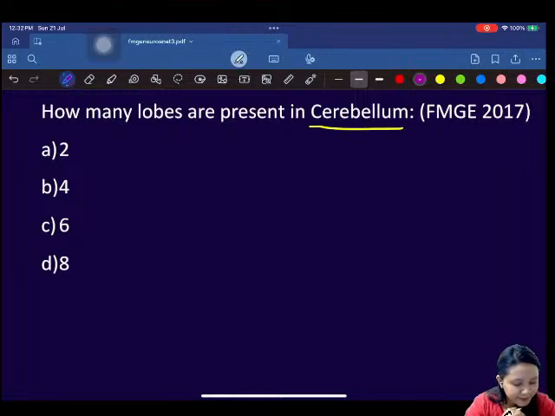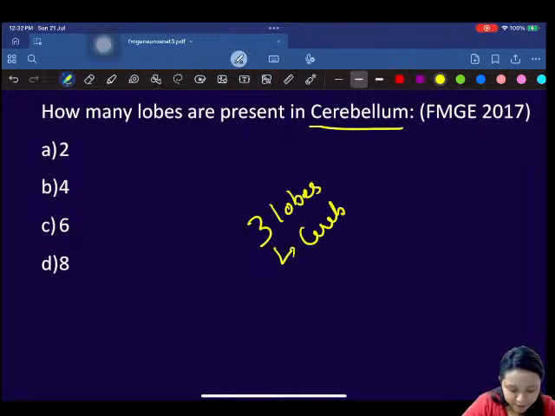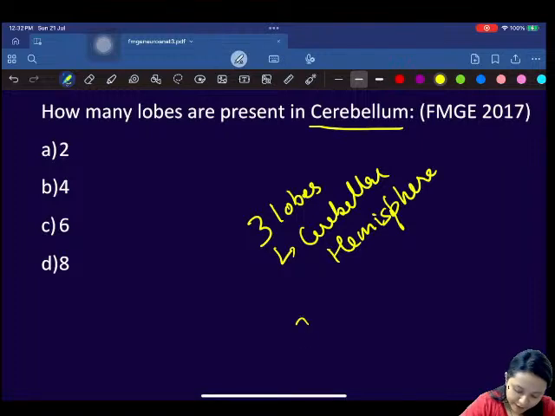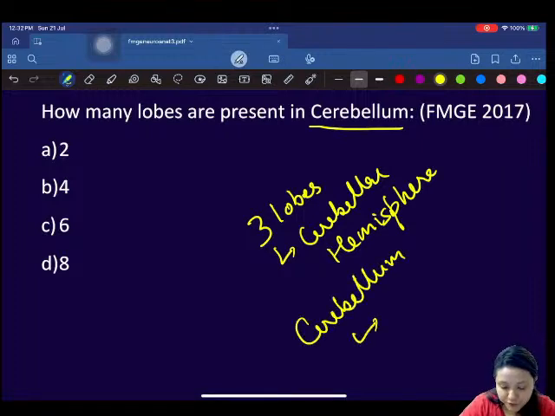Any answer in the chat? You know that you have 3 lobes in the cerebellar hemisphere. And in cerebellum, you have two cerebellar hemispheres.